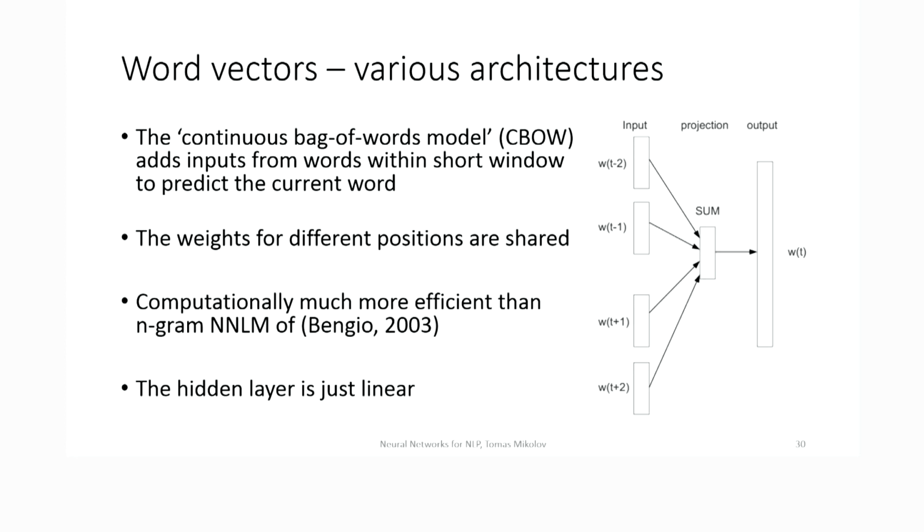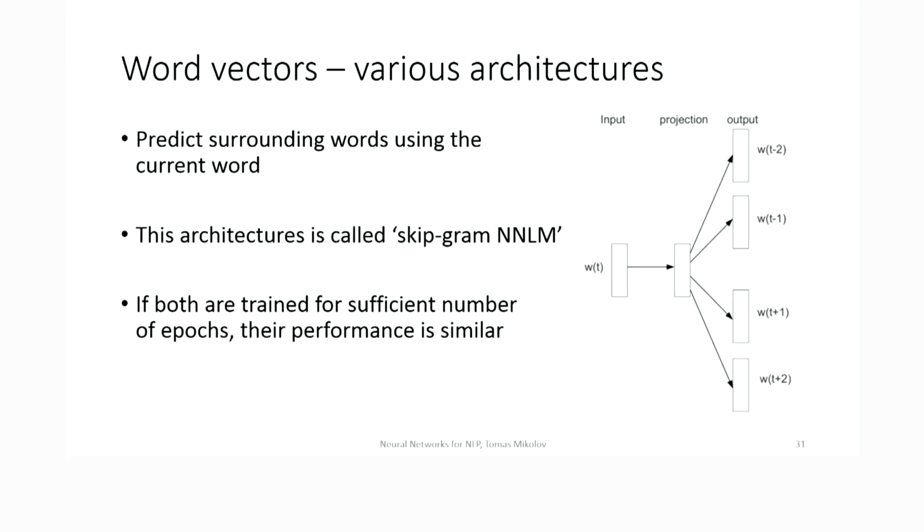And this architecture is actually orders of magnitude faster than the Ngram neural net language model from Yoshua Bengio. For big data sets, it would be probably 10,000 times faster to train. So it's a huge speed up, and we can train models on a completely different scale with this architecture.